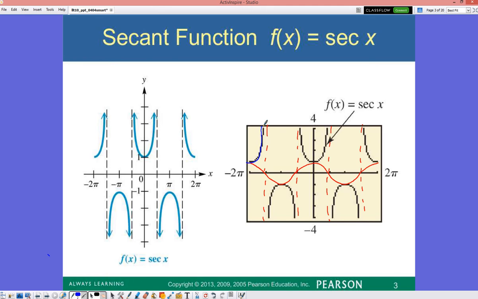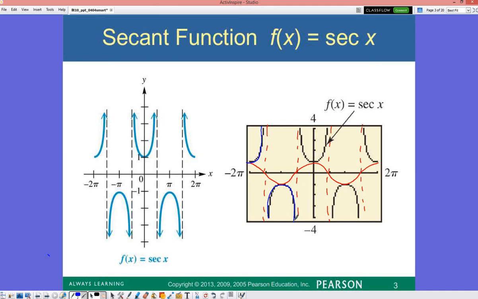In the next piece, in between my two asymptotes, when I take those and flip those, that's where I get this. Each one of these gets flipped. It's all part of the same graph.